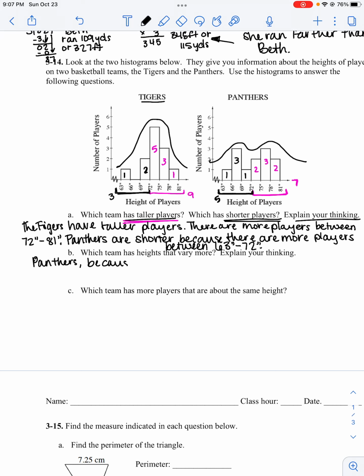Again, it's because the data is more spread out in the different bins.